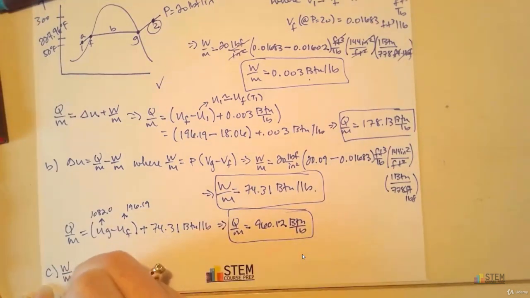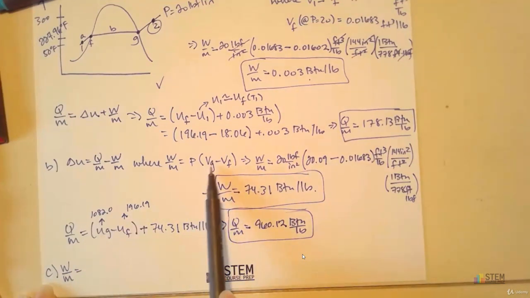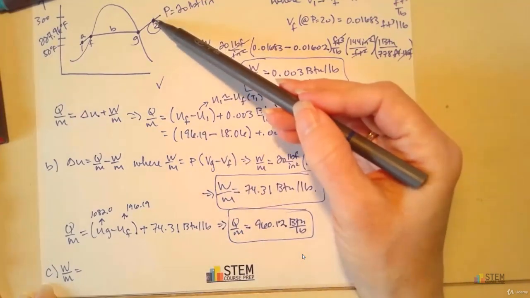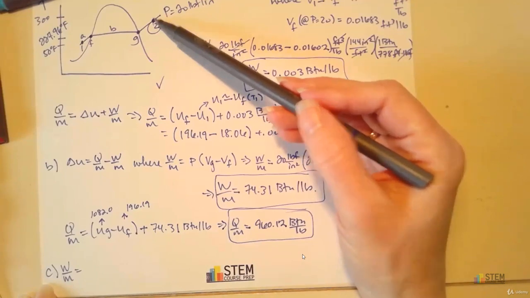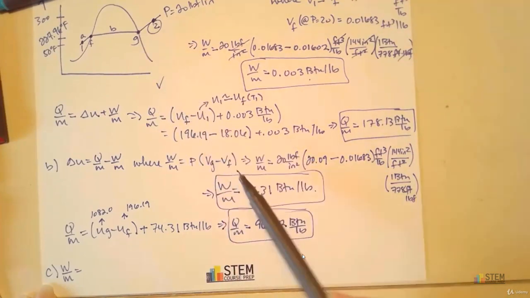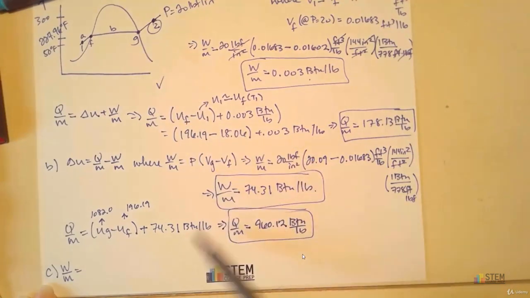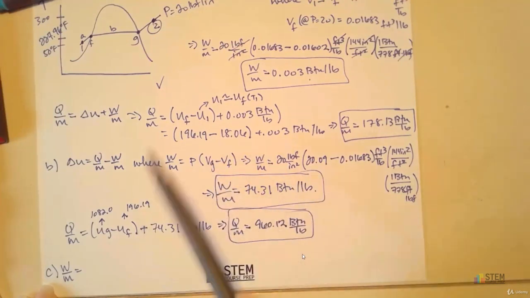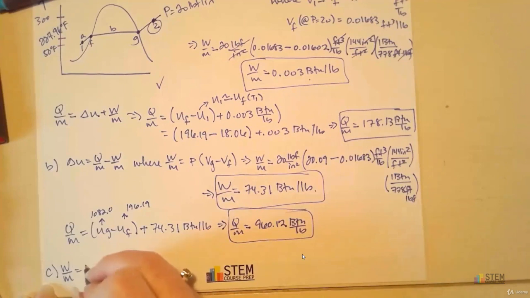So let's do W over M first. Just like we've done in the past, we've got our pressure times our values. So you're going to look up the v term at 300 in the superheated vapor table. And then for the next one, you would have this g value for v, which we already found here. So just take the value used here, the 20.09. So that's going to give you 20 for the pressure.